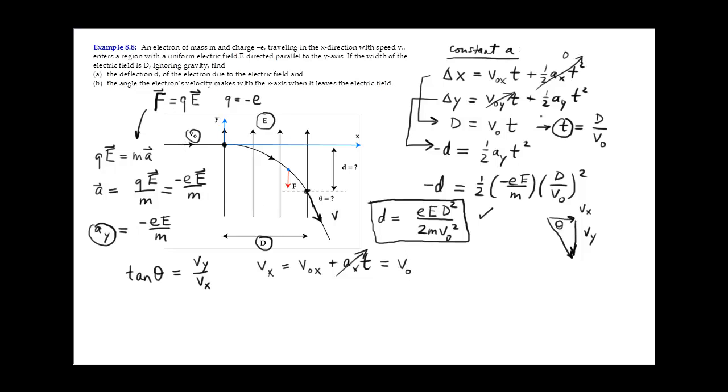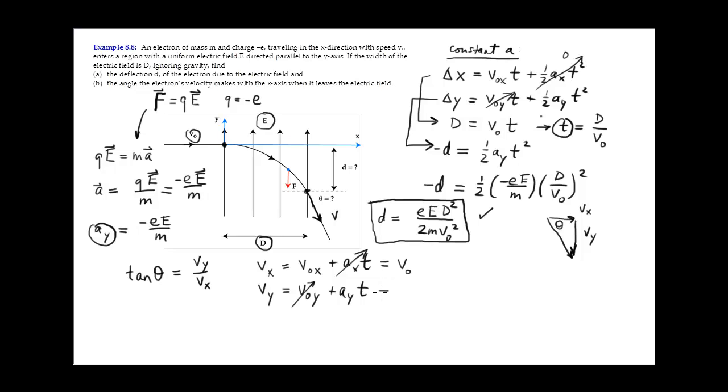The particle is traveling to the right. Its initial velocity is only in the x direction, so V0x is V0. Vy, same kind of equation, equals V0y plus ay t. Well, V0y is 0 because initially it has no component of velocity along the y direction. A sub y, we already have an expression for. T, we have an expression for up here.